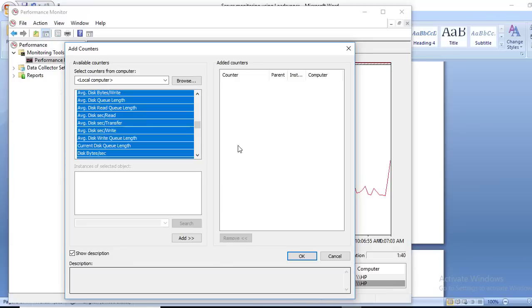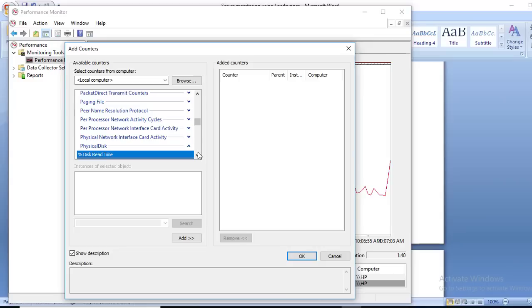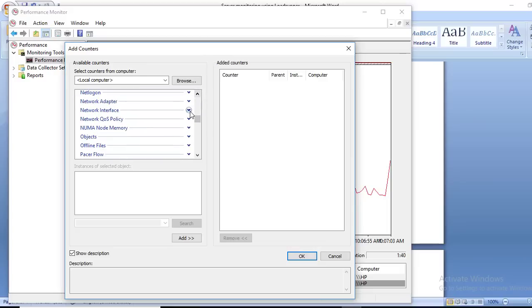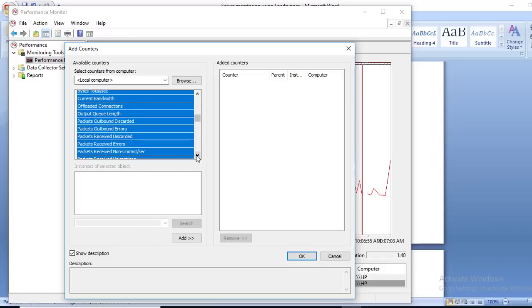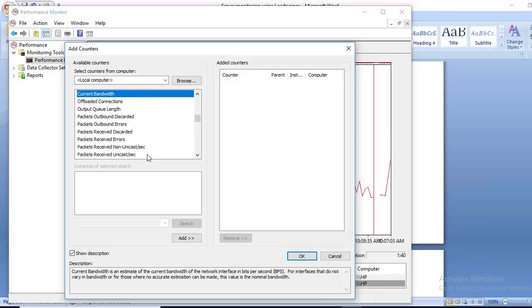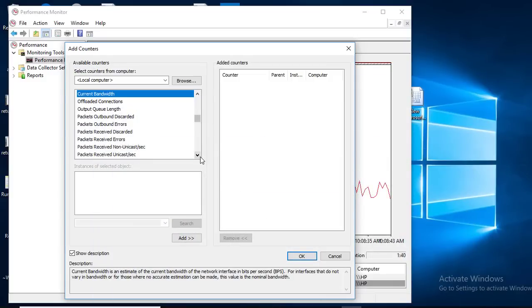You can see network counters here as well. Under network interface, you can see bytes received per second, bytes total, current bandwidth. You can see all the counters here.